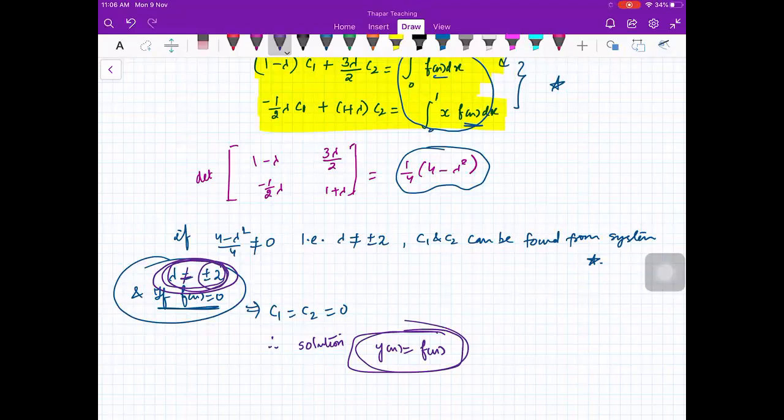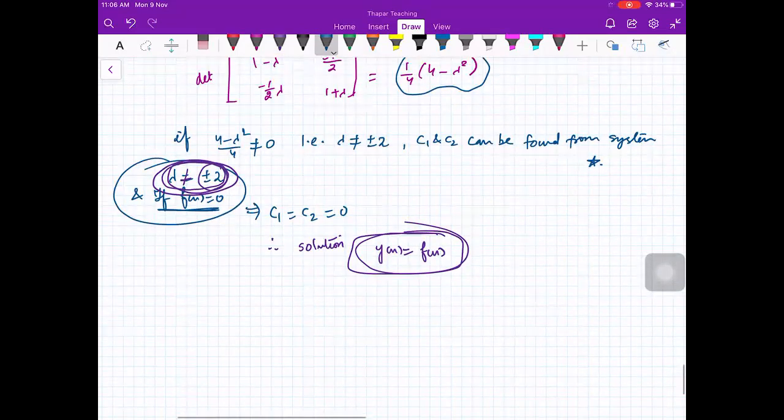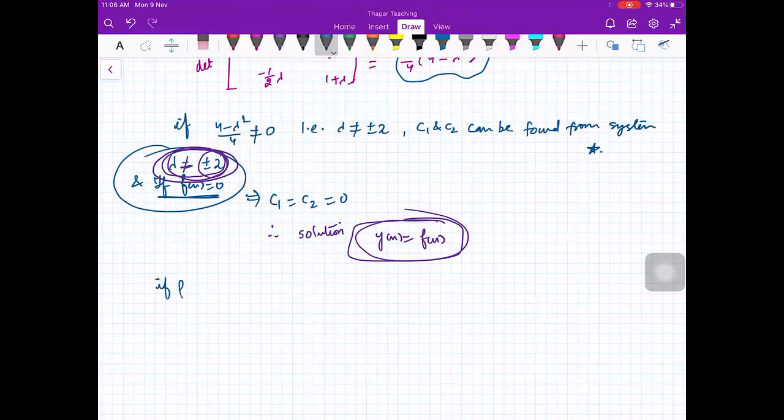Now when f of x is non-zero, take that ahead. And in this case, if f of x is equal to 0 and lambda is equal to minus 2 or plus 2, what will happen in that case? Infinite solutions.